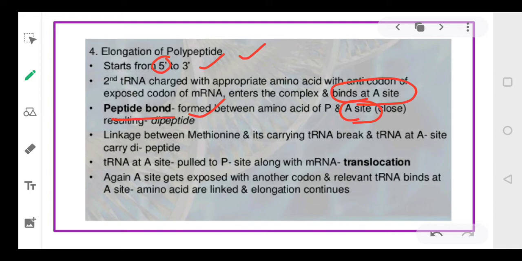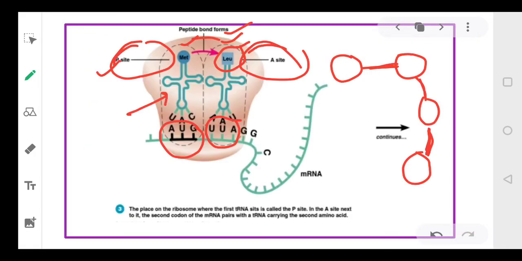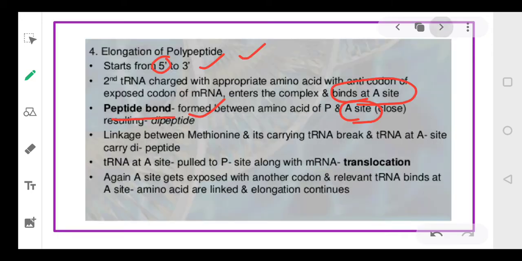Now what basically happens? See here, the second tRNA is present at the A site. Now slowly what will happen? This will shift to this position. The tRNA which is present at the A site will then shift to the P site, and this is called translocation.